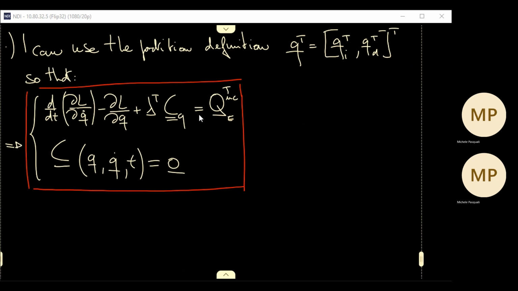Can you spot the differences? The Jacobian, okay. So we can say that here the set of unknowns has been incremented, no? Because we have not only the Q, and so the Qi and the Qd, but we also have the lambda. So, unknowns.